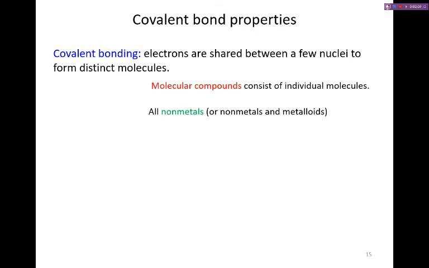This is different from ionic compounds, where there's no individual molecule, but a continual lattice that stretches on for millions and millions of molecules. Covalent compounds are typically made up of nonmetals or metalloids, and some examples include hydrogen chloride, water, acetic acid, and ammonia.